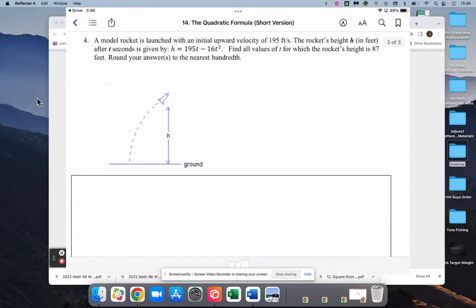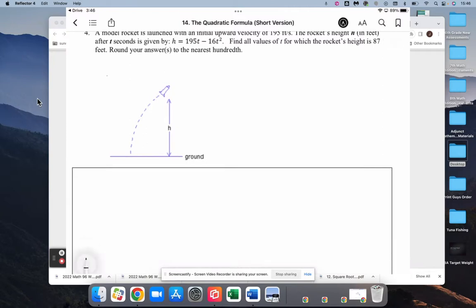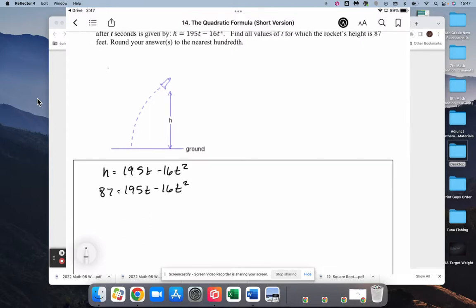To start off with, we're going to replace h with 87. So I'll copy the problem first. And so the height is 87. I believe we're going to need to use the quadratic formula to do this.